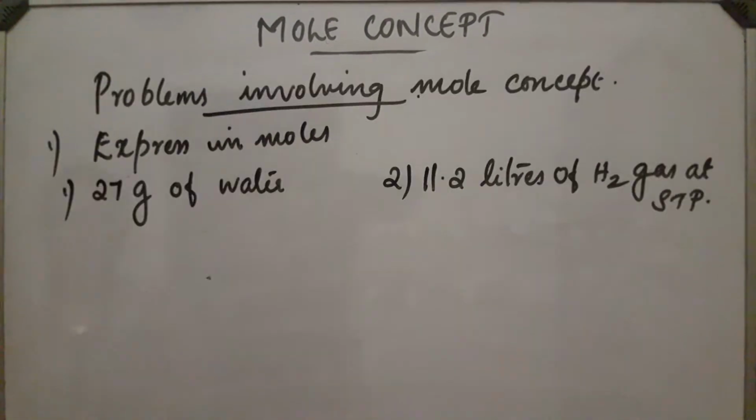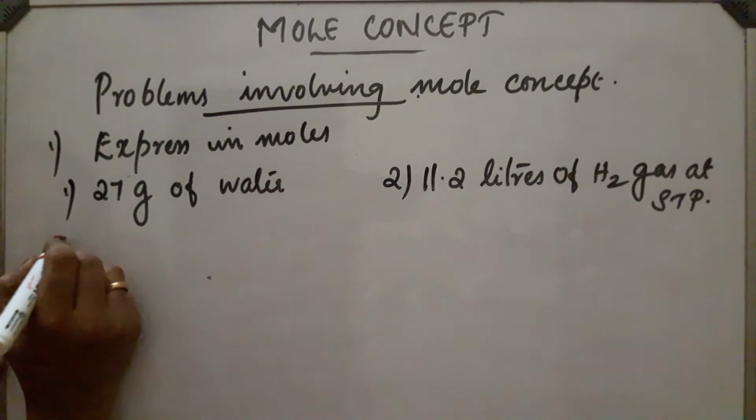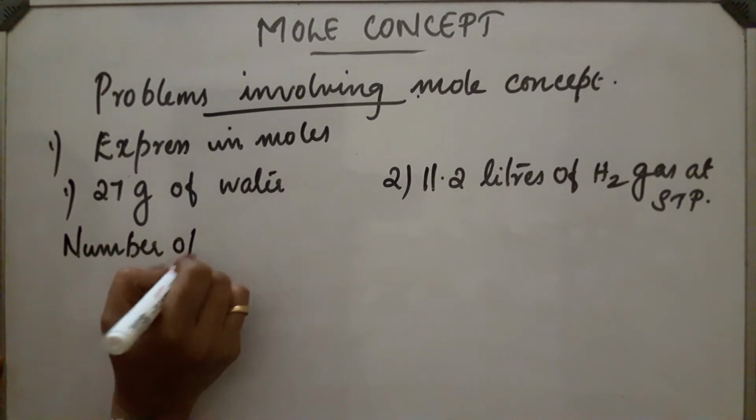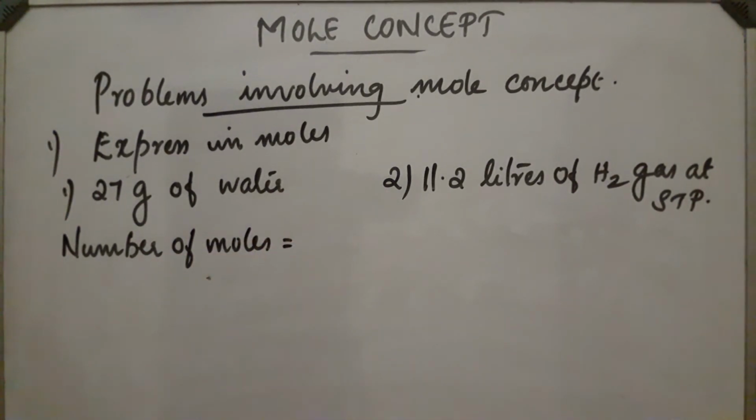Next, certain problems involving the mole concept. First one, express in moles, that is, we have to calculate the number of moles. First question, 27 gram of water. Number of moles will be equal to the given mass of the substance divided by its molar mass.